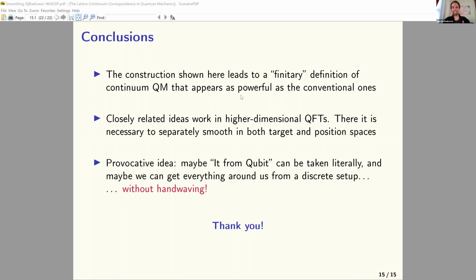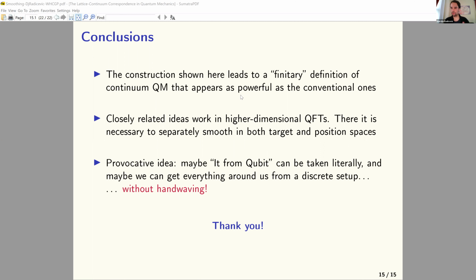So with that, I want to conclude by saying that this gives you a way to think about all of the continuum things you may have tried thinking about earlier from a completely nice finitary perspective, which certainly would be nice if you wanted to simulate them.